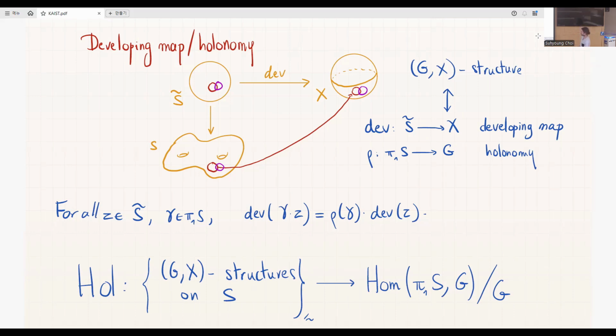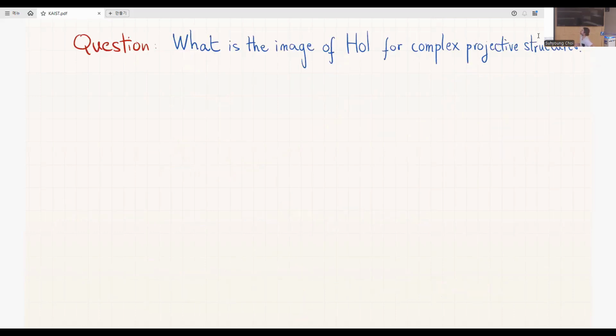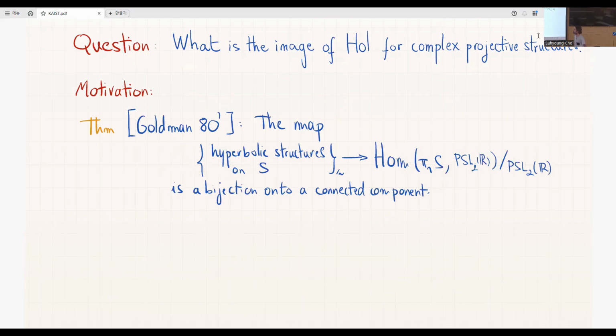And the question I want to address today is basically what is the image of this map when we're looking at complex projective structures. Okay. And maybe just to motivate the question, I want to recall two famous theorems, which tell us that indeed this connection is very deep.